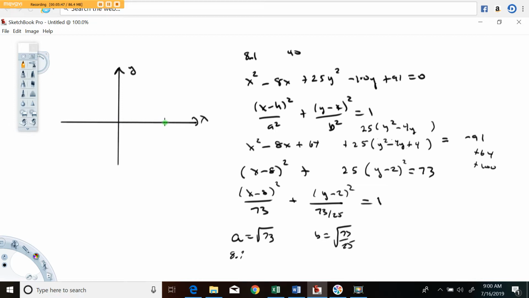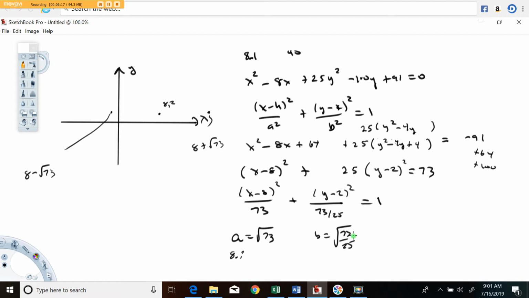The semi-major axis is the square root of 73, which is 8 point something. So the x-coordinate of this point is 8 minus root 73, and the other one, in the other direction, has x-coordinate 8 plus square root 73.